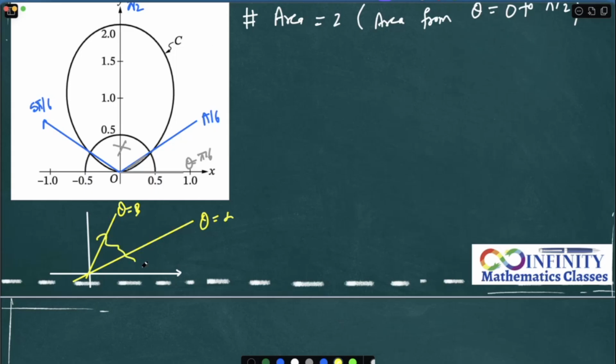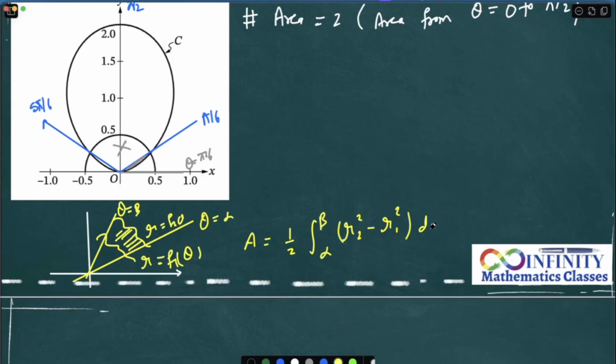This is the curve r equals f1 theta, and this is r equals f2 theta. You need to find the area in between. The formula is 1 by 2 integration from alpha to beta of r2 square minus r1 square, that means the farthest curve minus the closest to the origin, squared. This is how you will find the area.